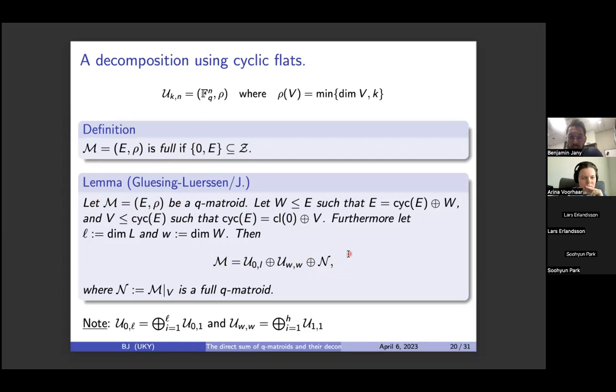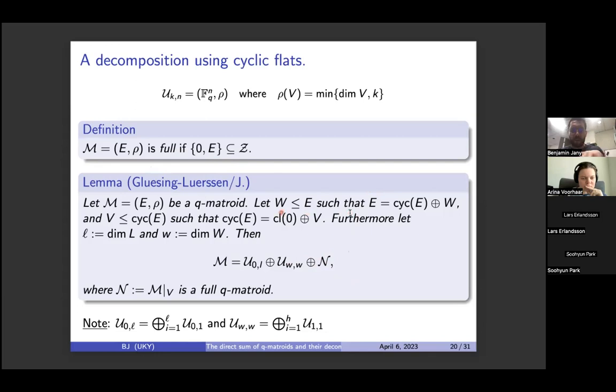And then this N will be full, and 0 and the entire ground space of N will be cyclic flats of N. So basically see this as breaking down all the loops of my q-matroid and then breaking down the free part of my q-matroid.